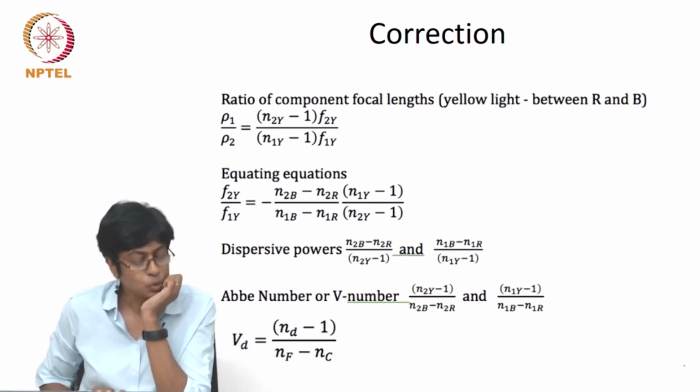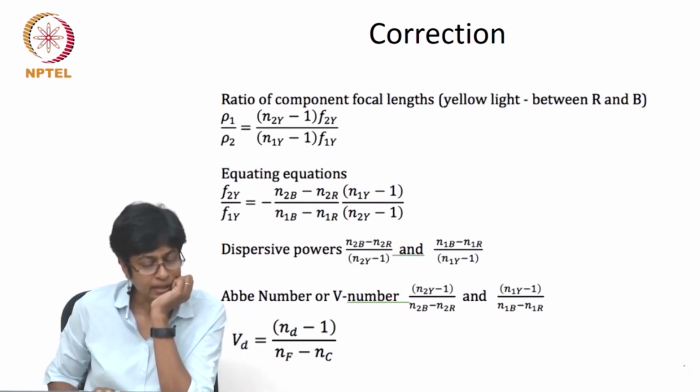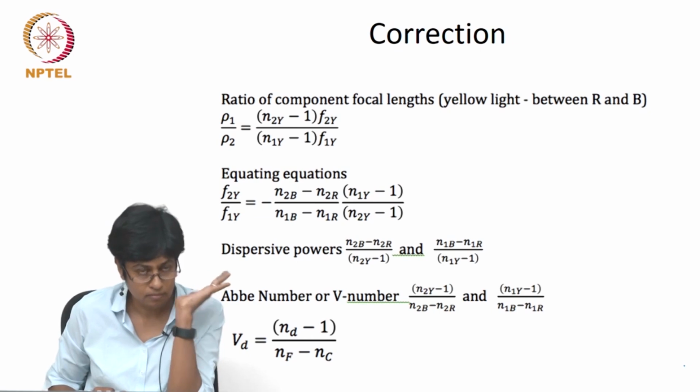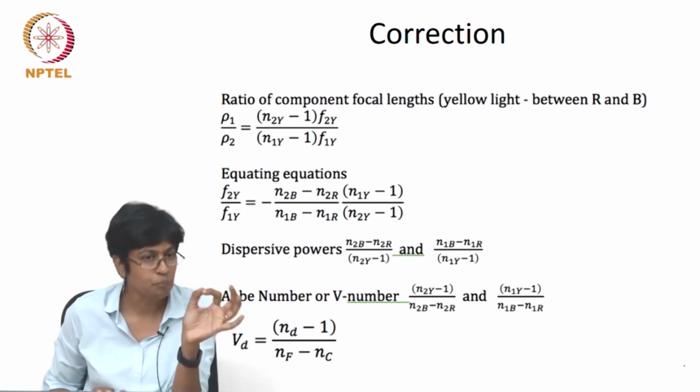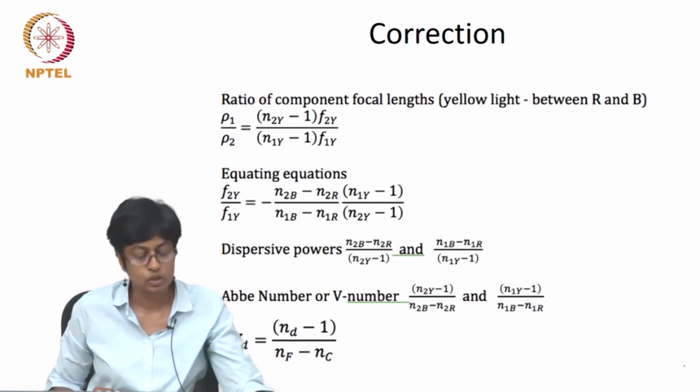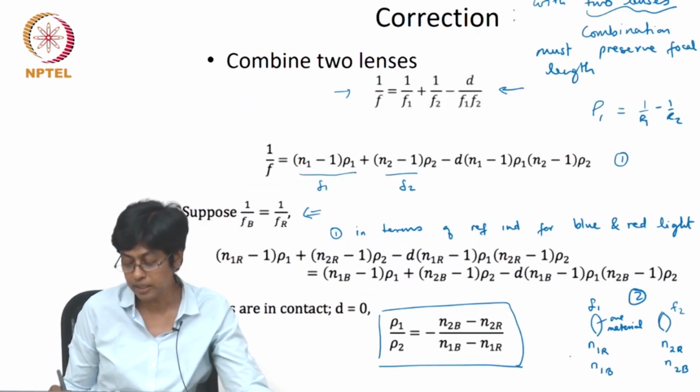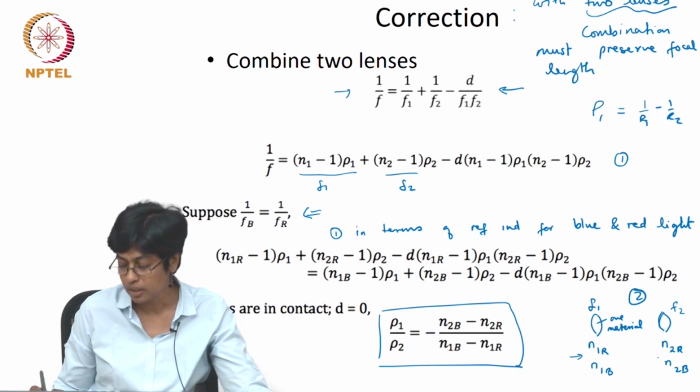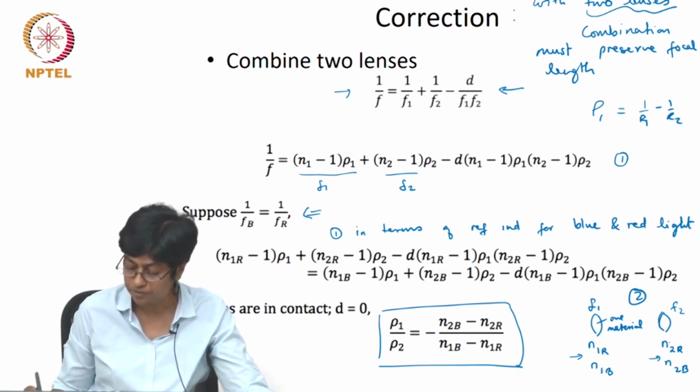So, let's go back and say, let me just take these two lenses and send some wavelength through them. Okay. So, here I have looked at red and blue light going through, and here red and blue light going through the second lens.